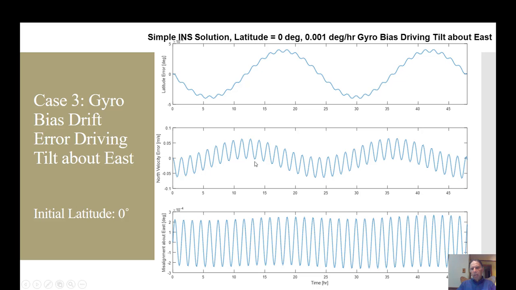In general, one could say for Schuler type effects, if one represents the velocity in knots, the position error would be about 1/5 in nautical miles of the velocity error of the Schuler component represented in knots. And this is the misalignment about east.